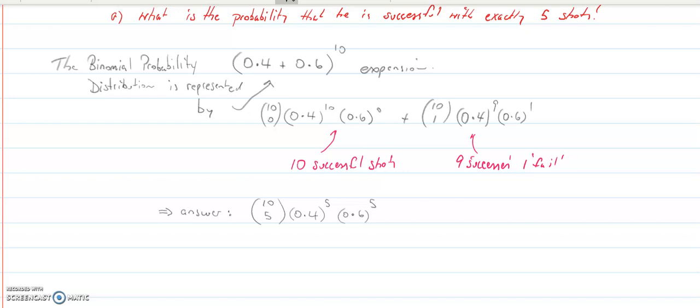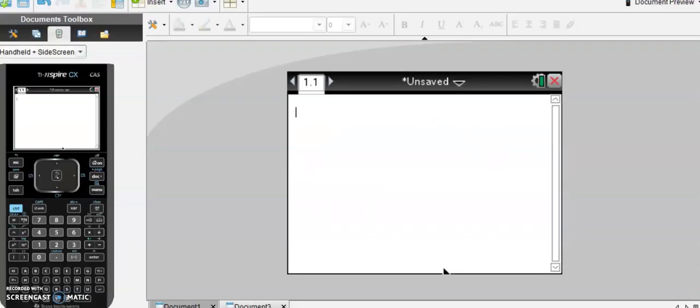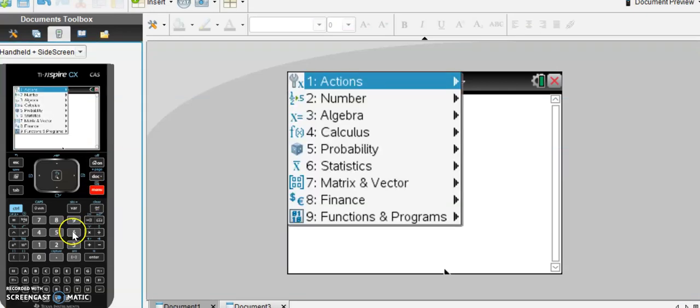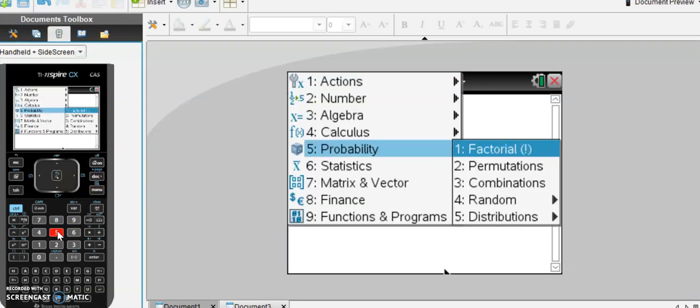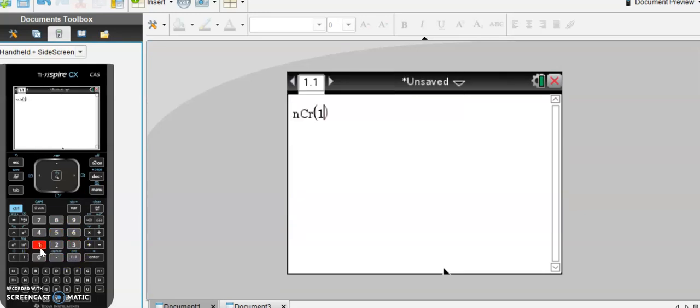So this can be done on a calculator. This is going to be big. I'm going to get the calculator on the screen and show you that. Okay, so 10C5. Now how do we do that? We go through menu, we go through 5, we go through 3 for combinations. So we go 10, comma 5. That's my 10C5.